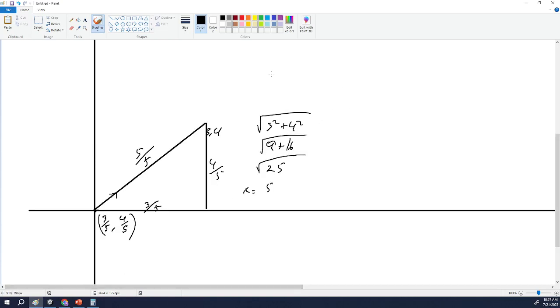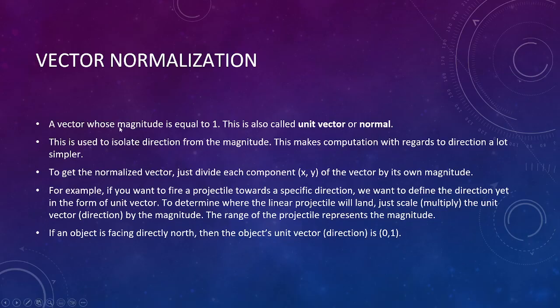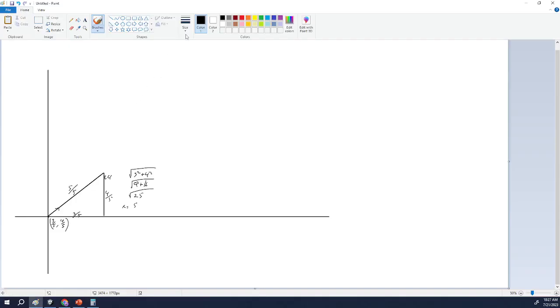So, parang ganito. We were able to get our normal to be 3 over 5 and 4 over 5. What if I want to know how far it would be if, let's say, his speed is 20 meters per second?